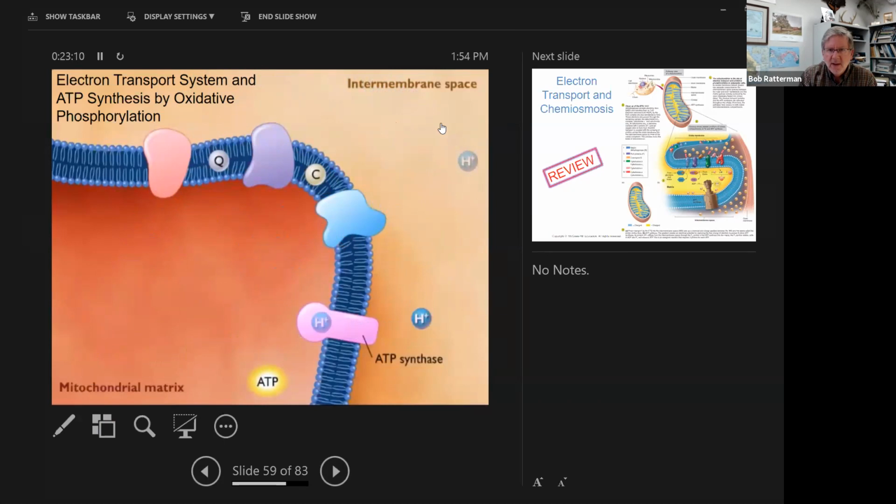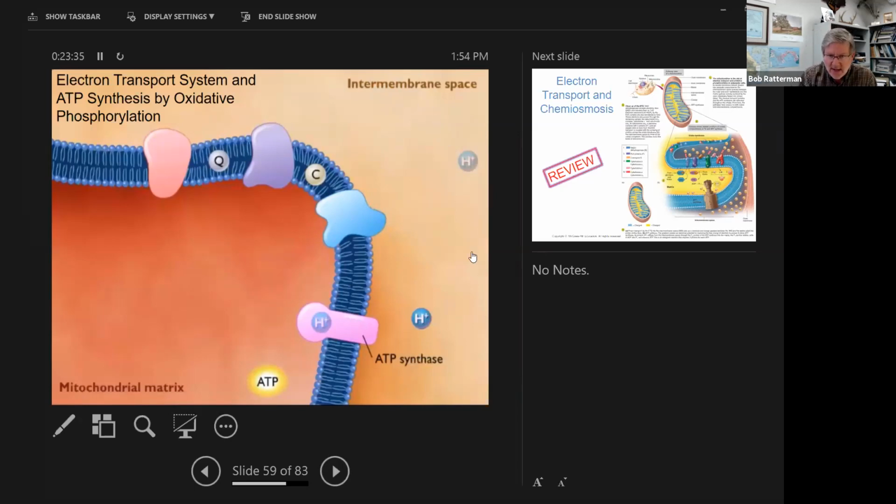So notice these hydrogen ions can't get back in through any of these other embedded proteins. They pass through a special one, which happens to be an enzyme. And we know that because it ends in ASE. ATP synthase. It's aptly named because it's here that ATP is synthesized or made.